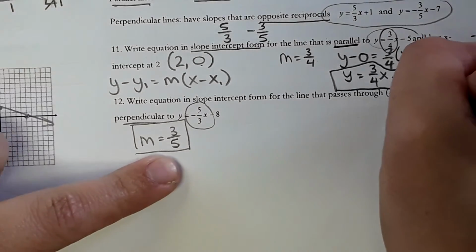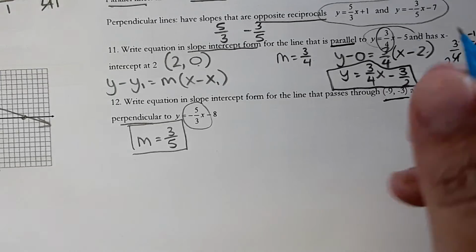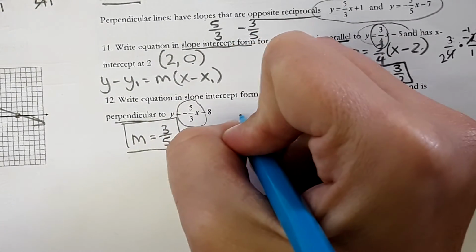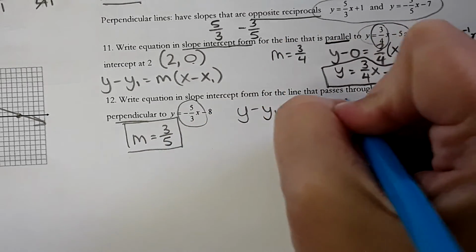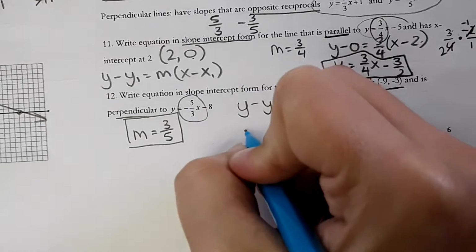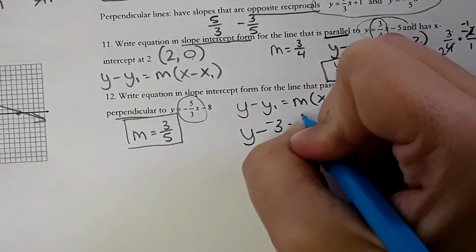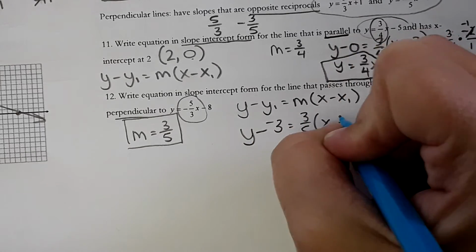It says it passes through this. We need the y-intercept for slope-intercept form, so we have to use the point-slope form to find that. So y minus y1 equals m times x minus x1, and then we'll plug everything in. Y minus -3, our slope is 3/5, x minus -9.